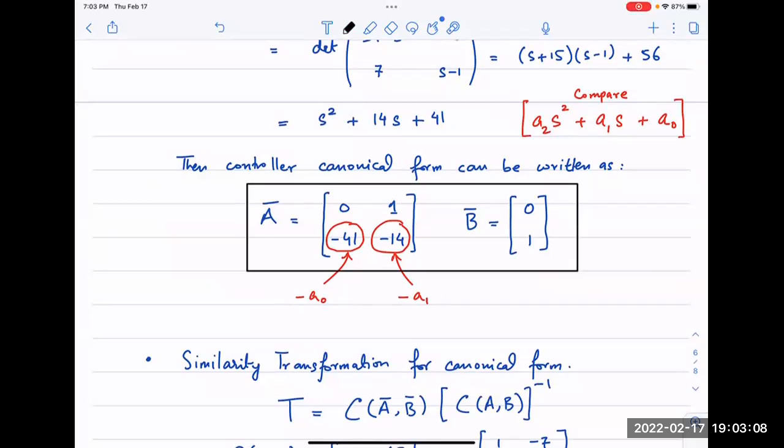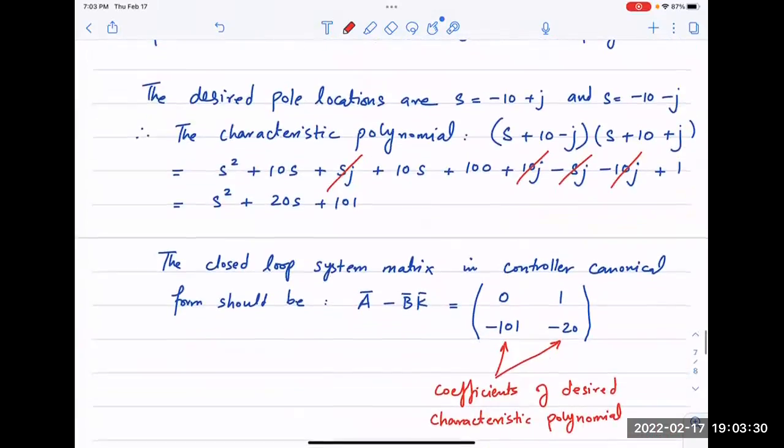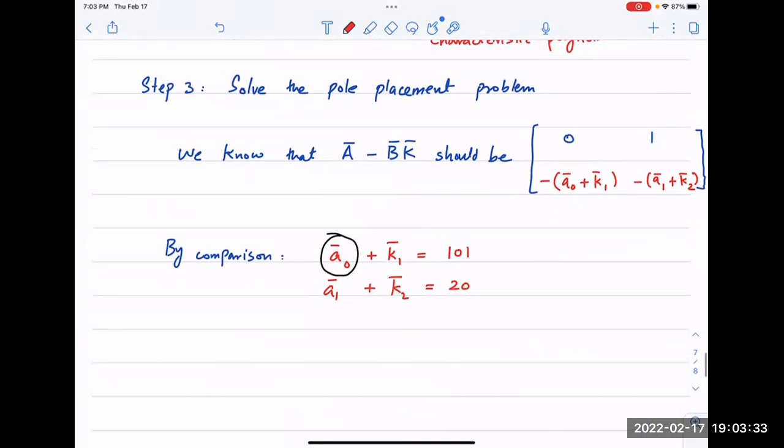I should say bar because these are entries in the matrix A bar. So A0 bar is 41, and A1 bar is 14.